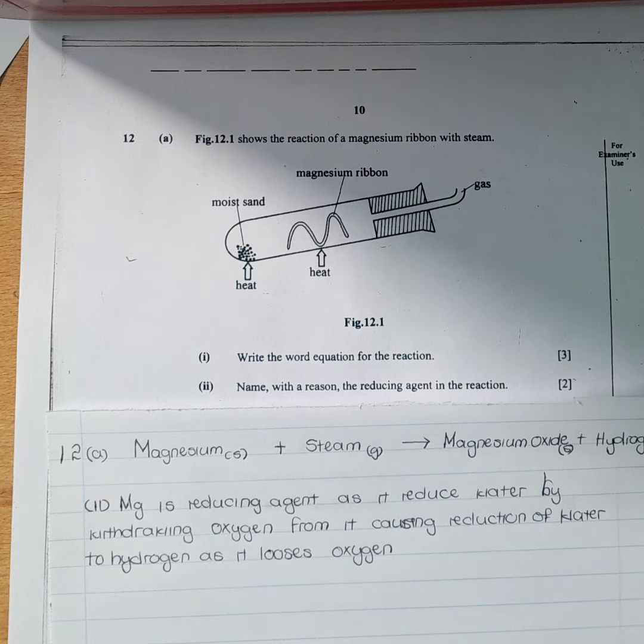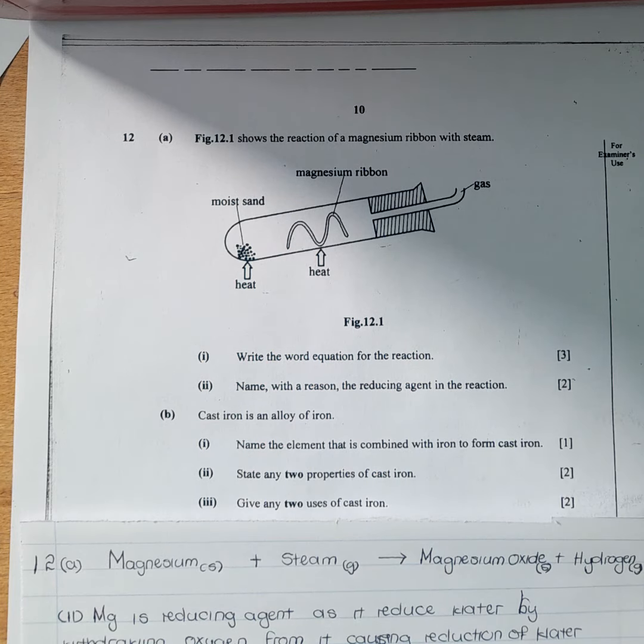But the moment it is going to withdraw that oxygen from water, the water is now reduced because it has lost that oxygen. So that is why we are saying it is a reducing agent. So steam is going to act as the oxidizing agent, as it is the one that is going to give oxygen to magnesium.